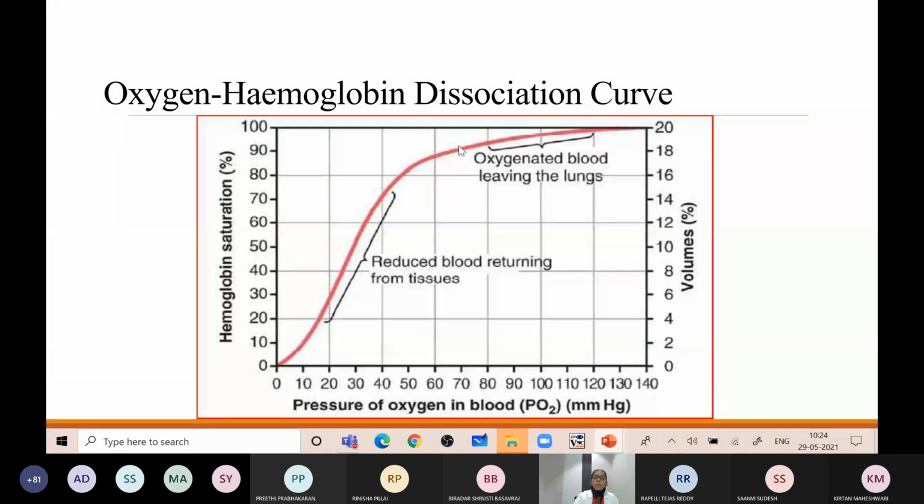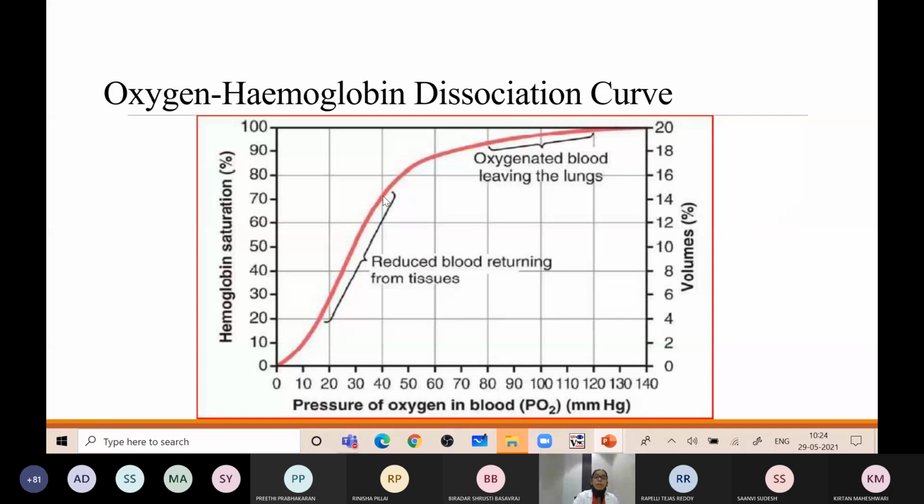That is the physiological significance of this plateau phase. You must understand this. Then what does this steep phase indicate? This steep phase indicates, at the tissue level, the PO2 will be very less, almost around 40, 50, isn't it? So PO2 will be around 40.